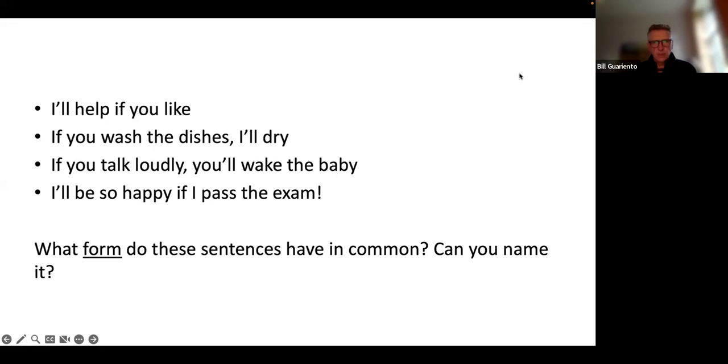So the form is first conditional. What's the function? If you talk loudly, you'll wake the baby. What's the function there? I would choose one of you.